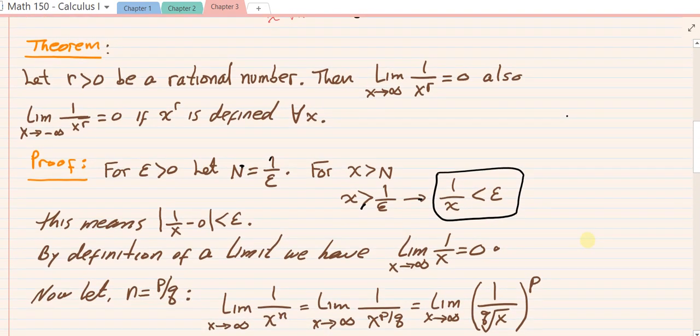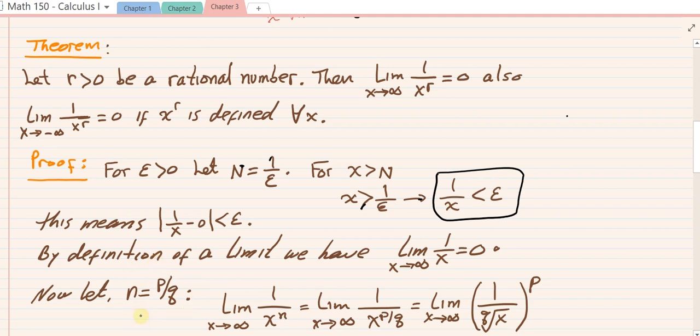That's not the proof of the theorem, of course, but that's just the proof of the limit of this. We established that statement. Now, what we want to do is introduce n to be a rational number, p over q. Remember, rational numbers are in the form of a fraction. That's why we introduce n like that.